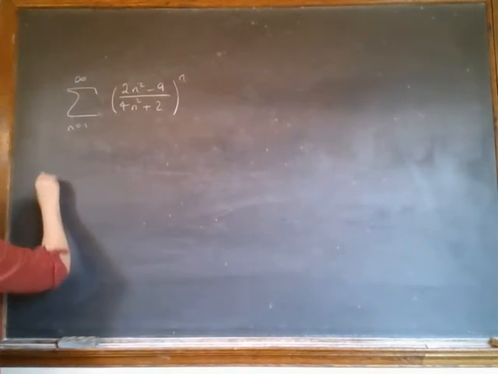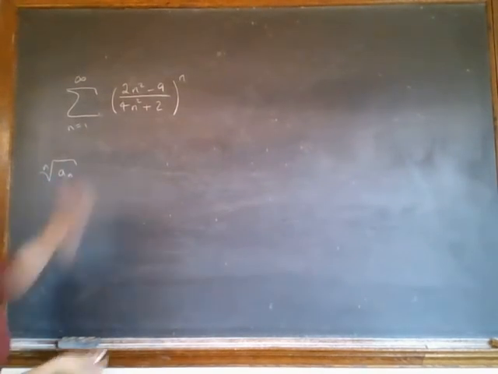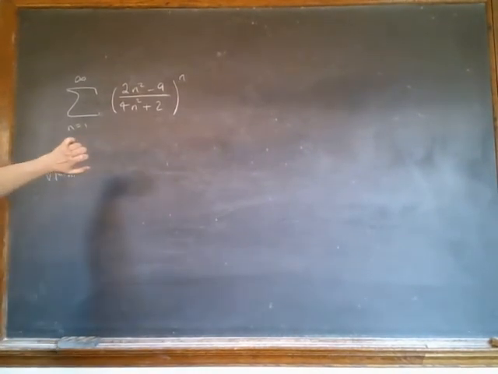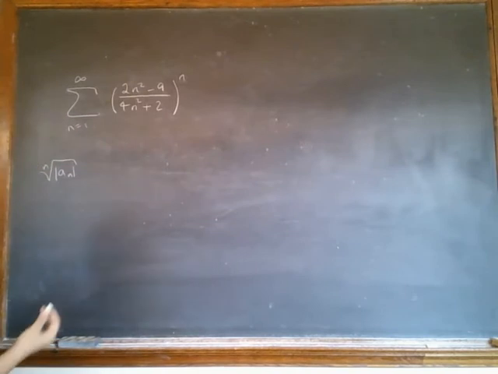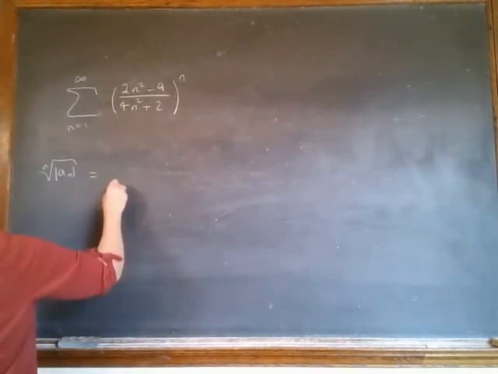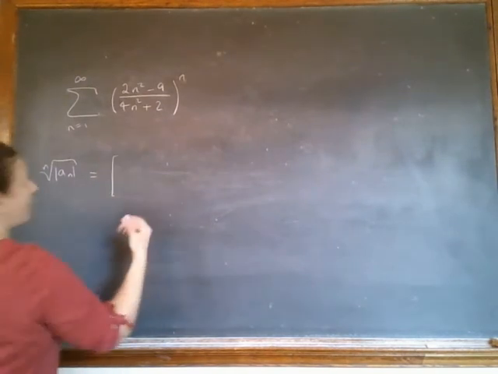So the nth root of a_n, and again here, I'll put in the absolute values, but I don't really need to. No, yeah, I need that, guys. That first one is non-negative. So the nth root is to the power 1 over n.